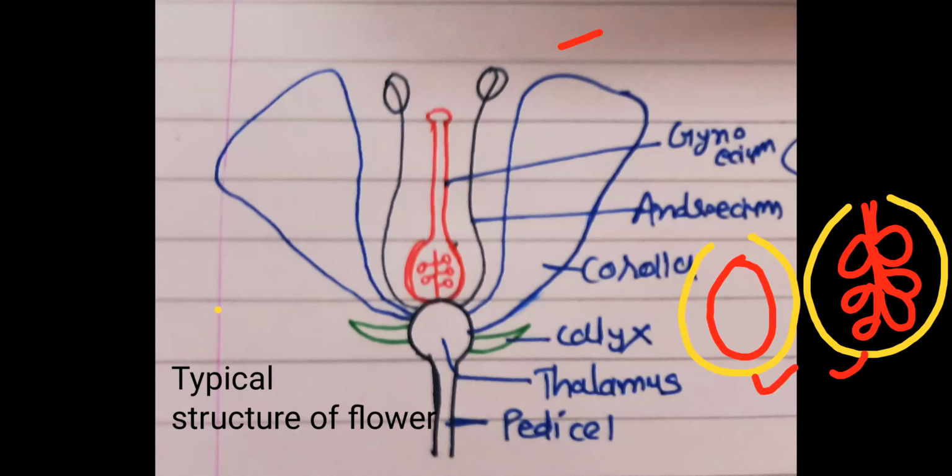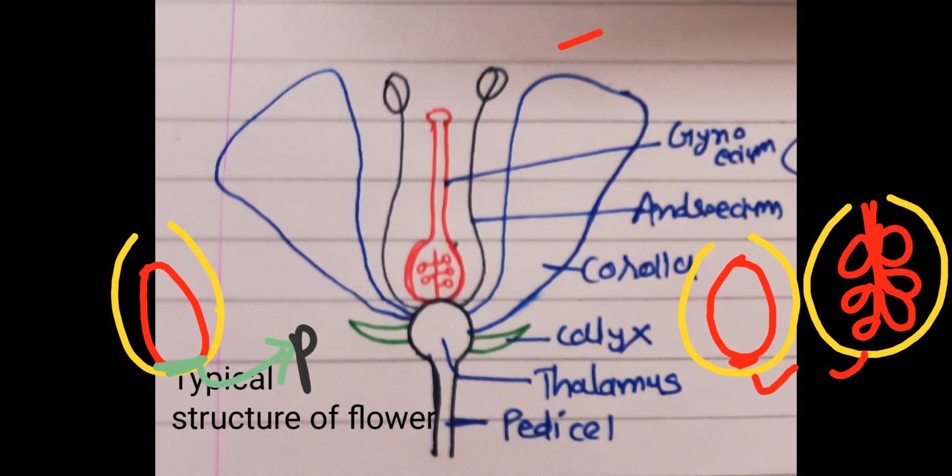And all these ovules are attached at one point in the ovary. This is the ovary, and in that, suppose one ovule is present, it attaches at this point to the ovary, and that part we call the placenta.